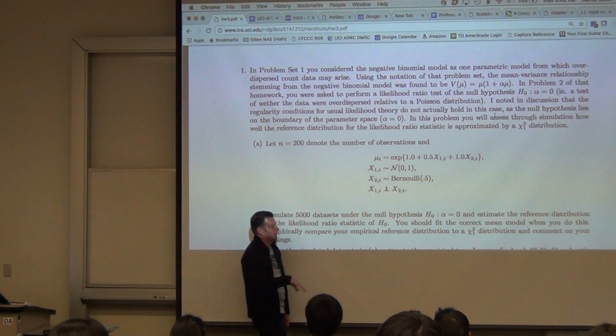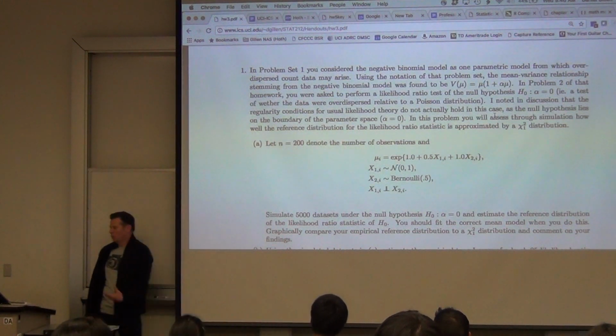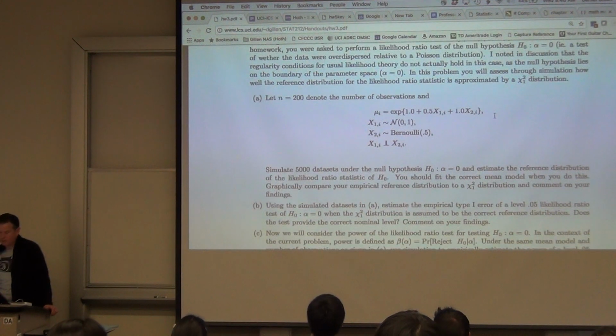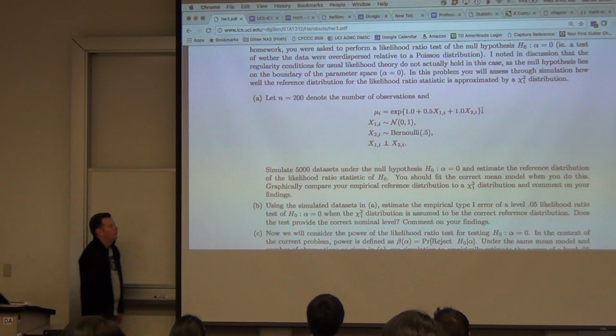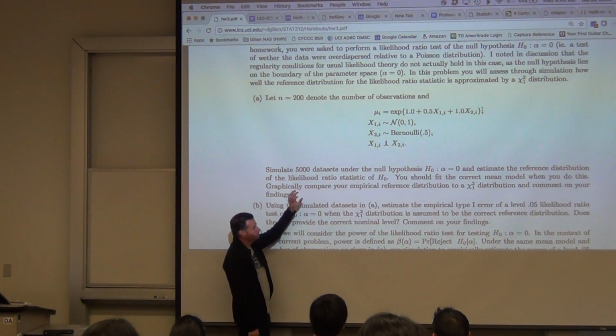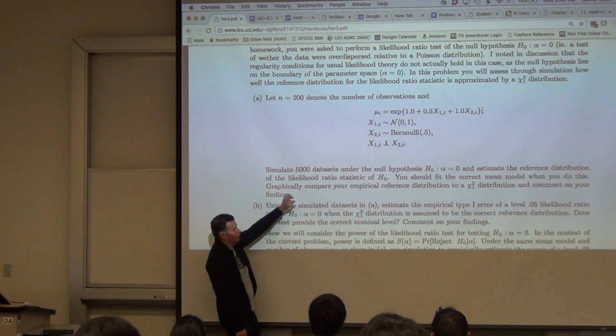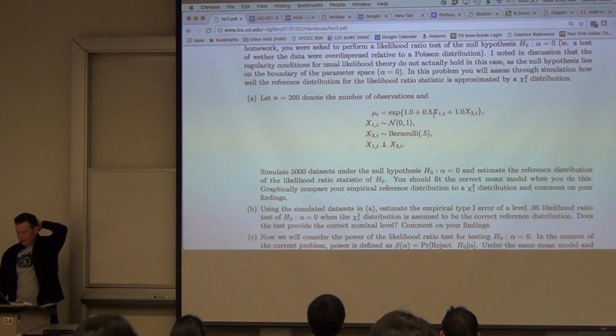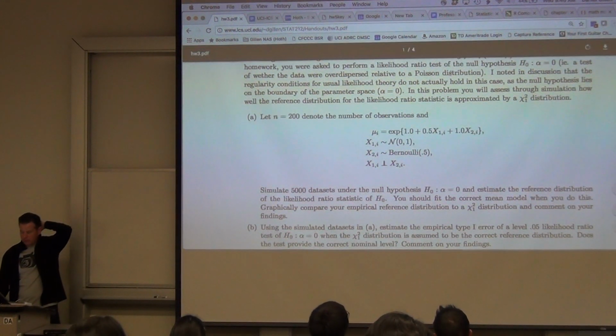Well, I want you guys to actually explore how much you would or would not need to worry about it. You're going to do it empirically. There's really not theory that will justify the performance of this test outside of that regularity condition. So I'm going to have you guys write a simulation study where you're going to generate data that has a negative binomial formulation for the mean variance structure.